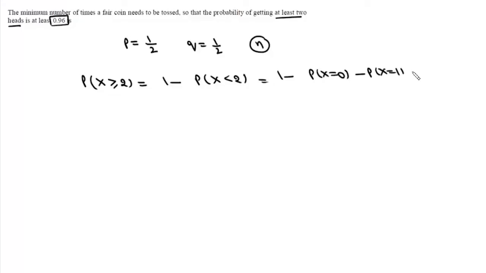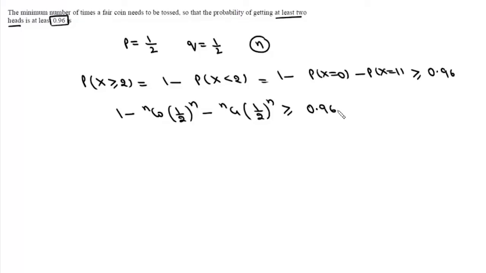Now it says this probability is at least 0.96. So we can write 1 minus, now probability of x equal to 0 is nC0 (1/2)^n, minus nC1 (1/2)^n, and it should be greater than or equal to 0.96.